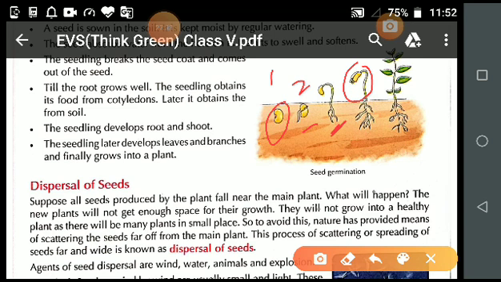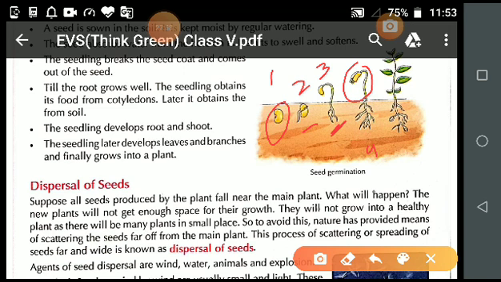In the second picture, the first sign which comes out from the seed is a root. In the third picture more roots are coming, and in the fourth picture you will observe that this time it bursts.